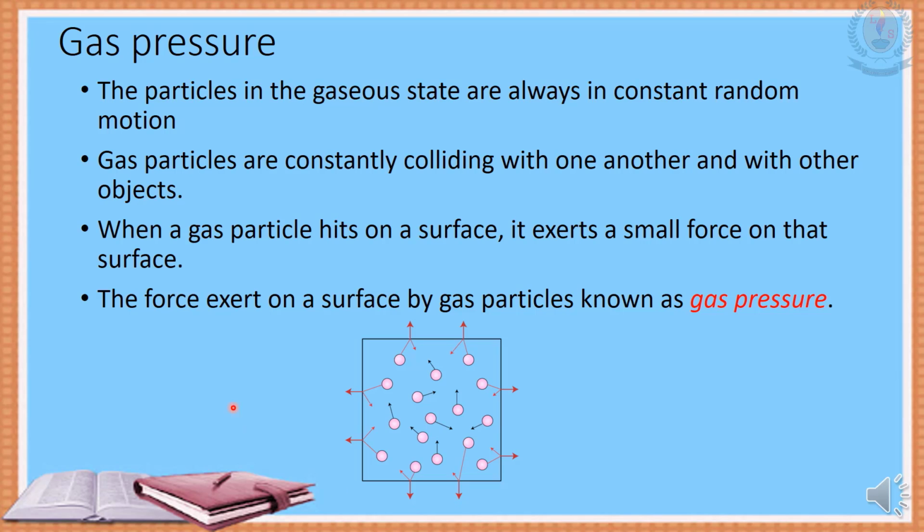So this force exerted by particles on the surface is known as gas pressure. The particles are colliding with each other as well as with the wall. So the force exerted by gas particles on the walls is known as gas pressure.